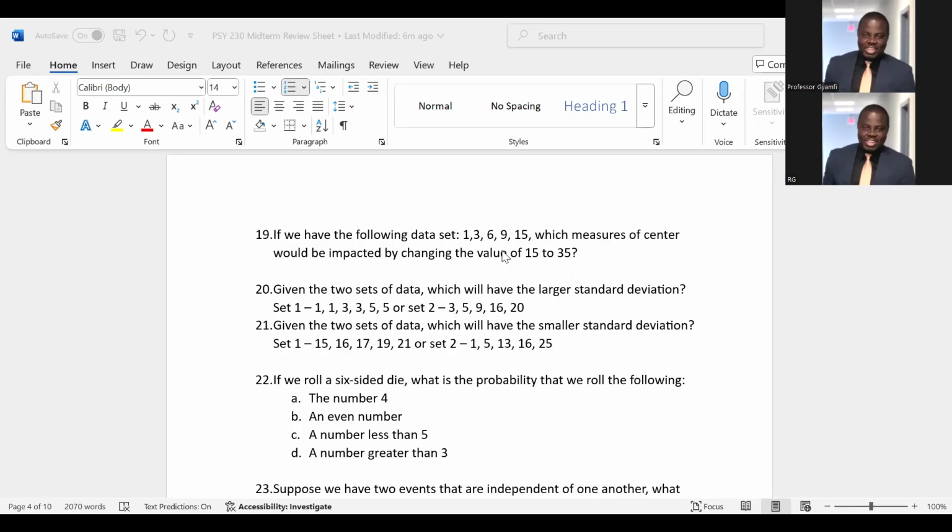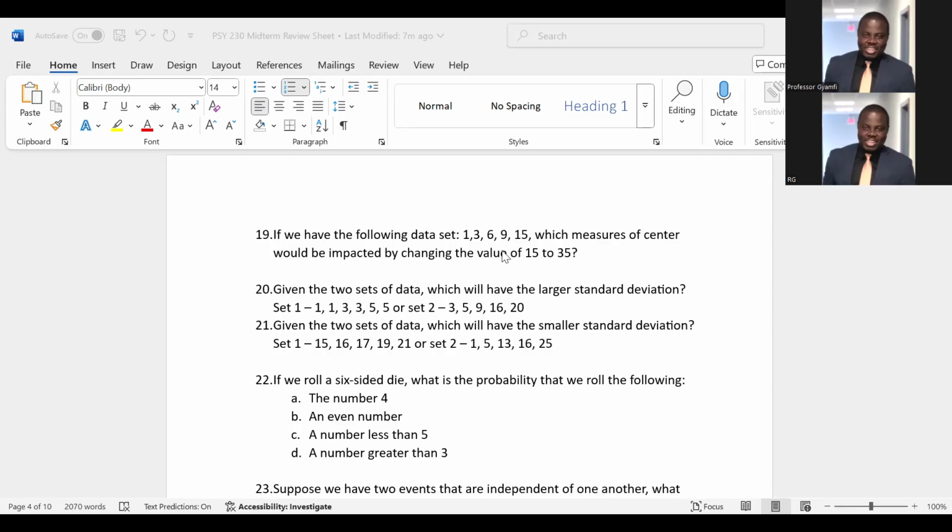For the mode, if I change 15 to 35, the mode does not change. There is no mode. If you keep 15, again, there is no mode. So it doesn't make any difference. But for the mean, it's going to make a difference. Why? Because for the mean, we are adding all the values.